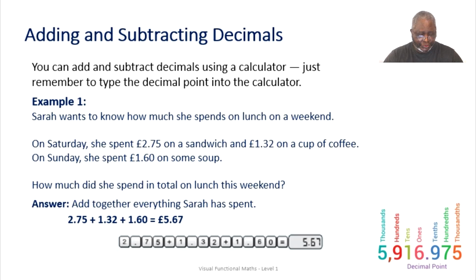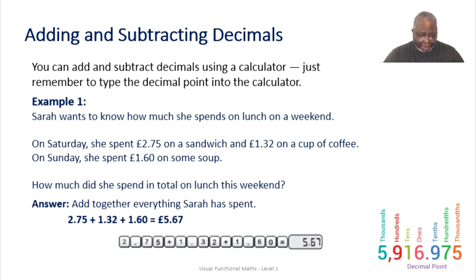On Sunday, she spent £1.60 on some soup. Note that when I'm talking about money, the decimal places are 2, and I refer to them not as 1.6 but £1.60, because it's a context where you're measuring money.